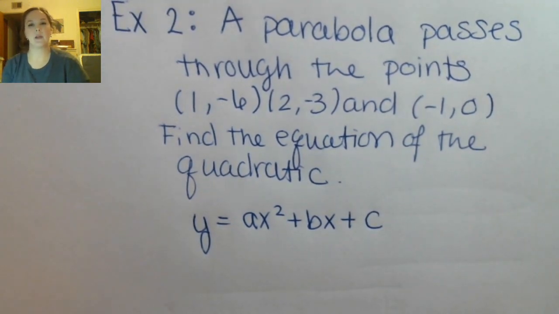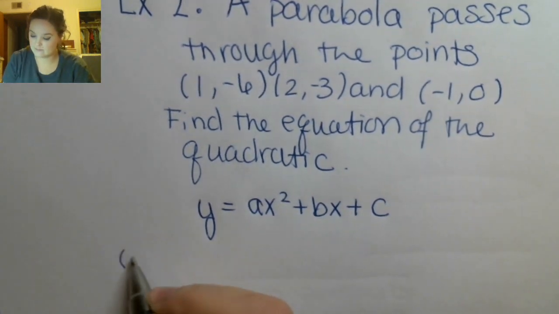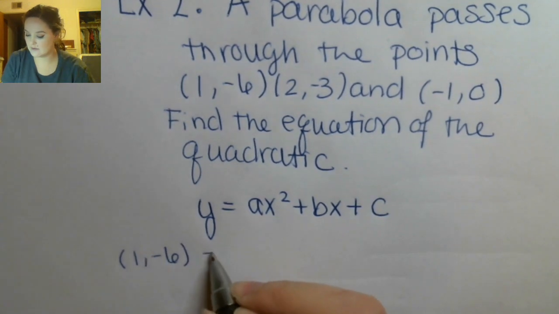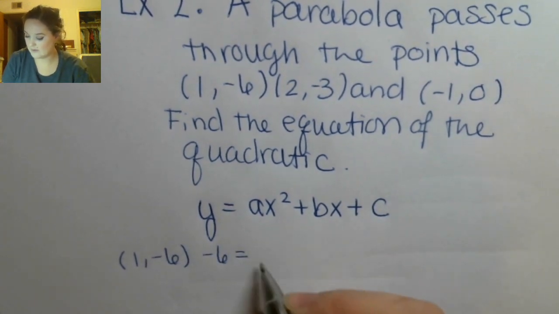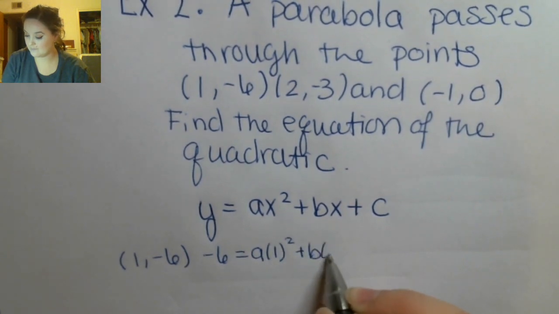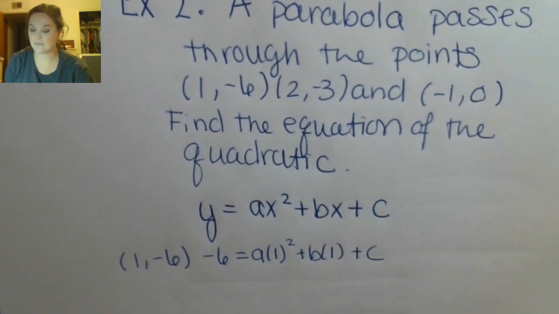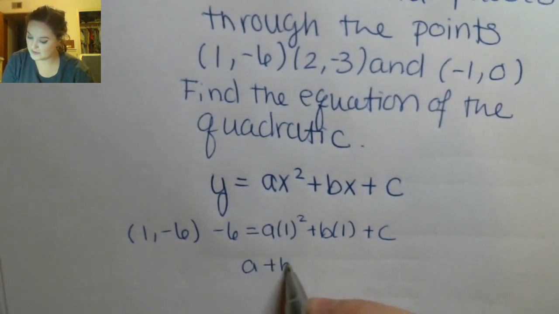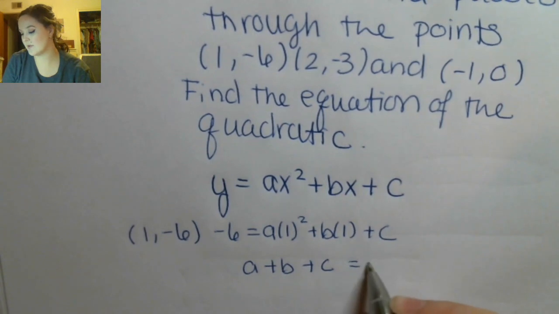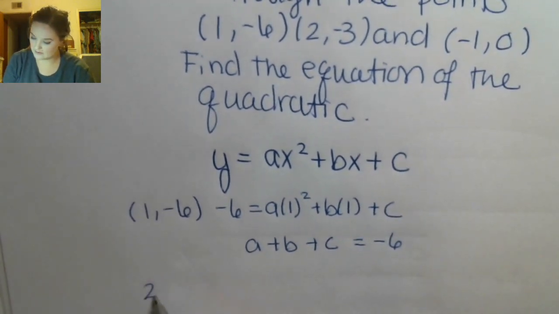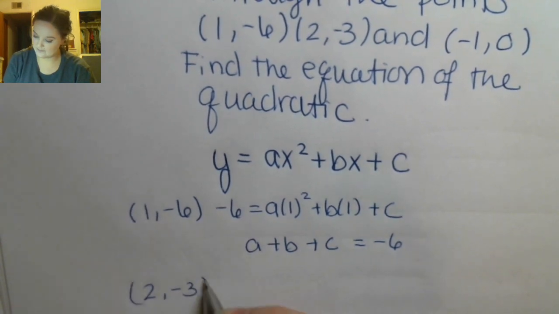Okay, and then I'm just going to plug in each one of these points. Okay, so if I plug in 1, negative 6, I could rewrite this equation as a plus b plus c equals negative 6. Okay, and then I'm going to plug in the other points.